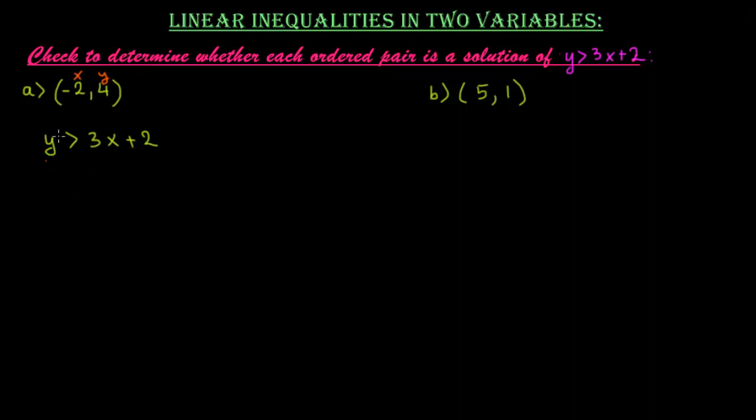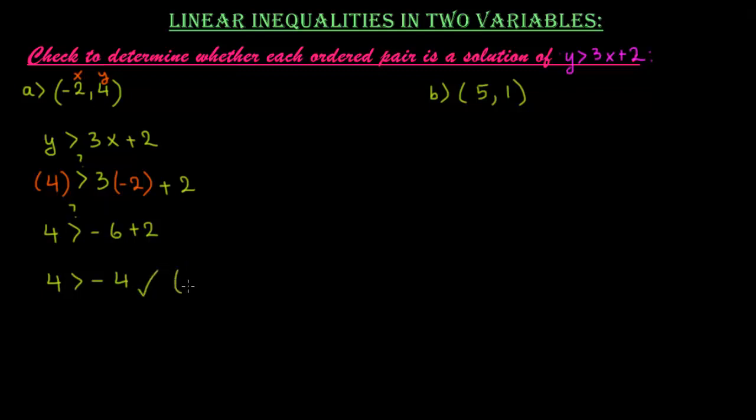So y will be replaced by 4, and 3x will be replaced by 3 times negative 2, plus 2. So we have 4 greater than 3 times negative 2, which gives negative 6, plus 2. So 4 greater than negative 4, and this is a true statement. It's true.